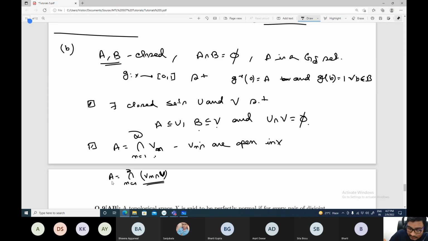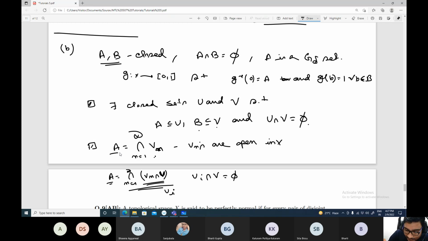We can write this set A as this intersection. But you see, if you give each element a name Ui, then Ui intersection this V is empty. Clear?